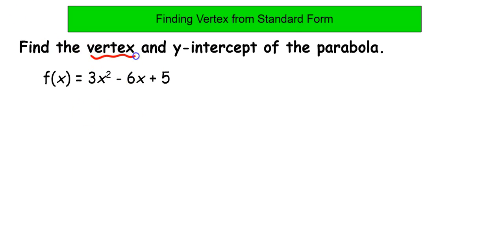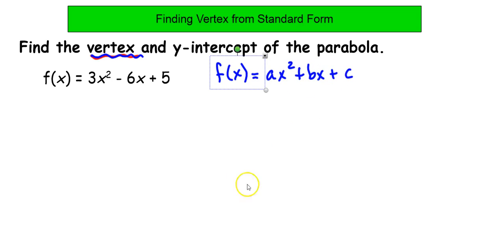I want to find the vertex first, and when I find the vertex, again, my standard form looks like this. F of x equals ax squared plus bx plus c. And if I want to find the vertex, I start with the x-coordinate. The x-coordinate is equal to negative b over 2a, where b is just the number in front of x. So I go up here and I say, hey, b in this case, the number in front of x is a negative 6.